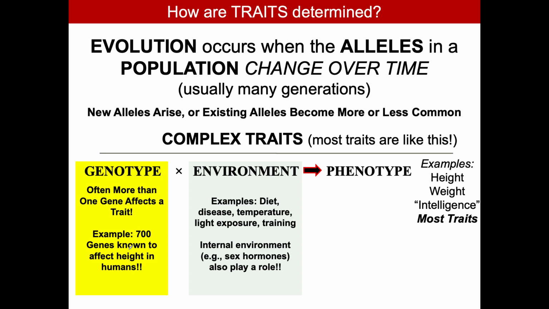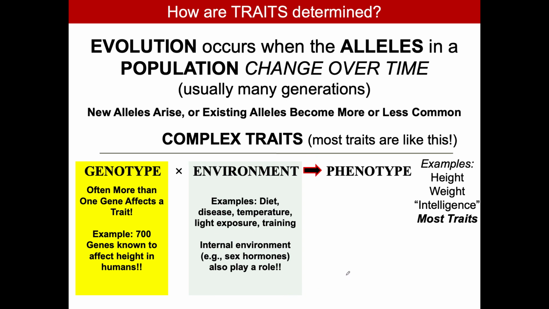But it's important to know, when we're thinking about evolution, we define evolution based on genes, right? I just said evolution is change in alleles over time. But we know that most complex traits have a strong environmental component. And the environment can change over time.